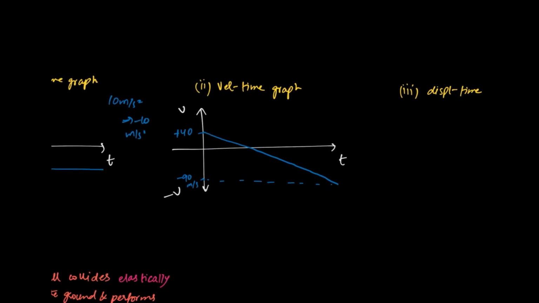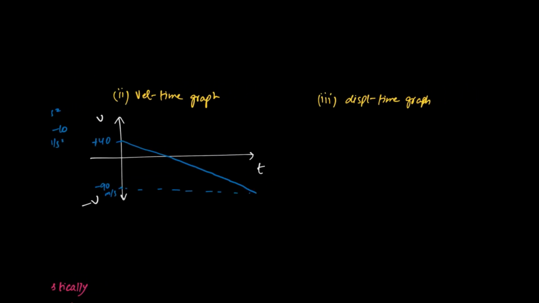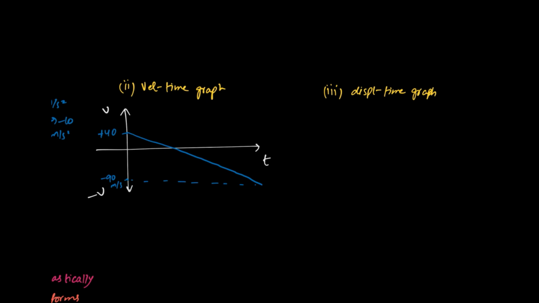We already know that the gradient of the displacement time graph gives us our velocity. As we know, our velocity decreases from 40 to 0, and then increases again from 0 to 90. To depict that part of the motion, the displacement time graph from 40 meters per second to 0 meters per second would look something like this.